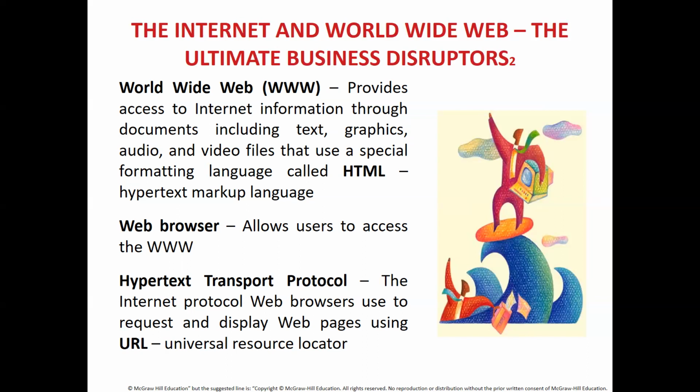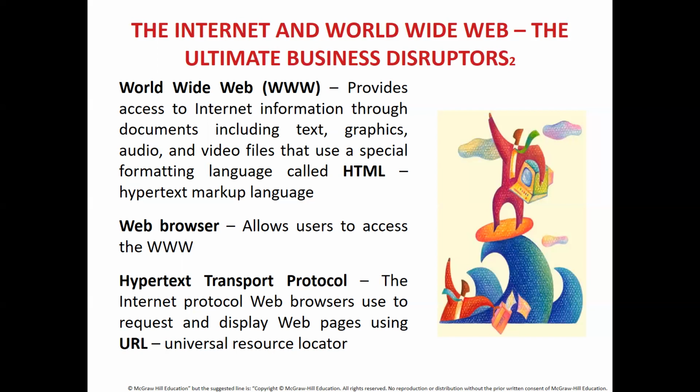Now, the Hypertext Transport Protocol, not transfer, but transport protocol, is the internet protocol web browsers use to request and display web pages using a URL, Universal Resource Locator. Generally, when you type in www.google.com and press enter on the keyboard, you notice that the address changes to http://www.google.com.